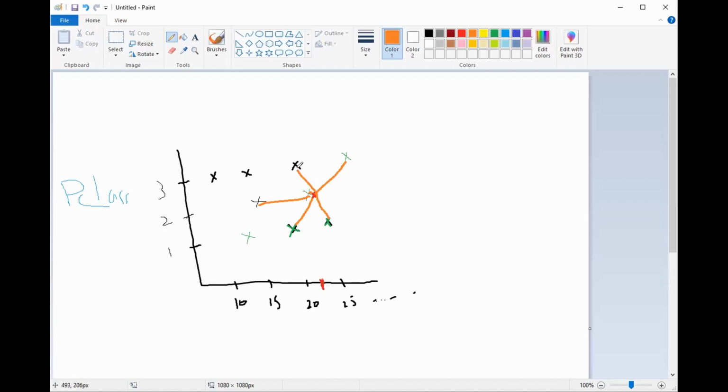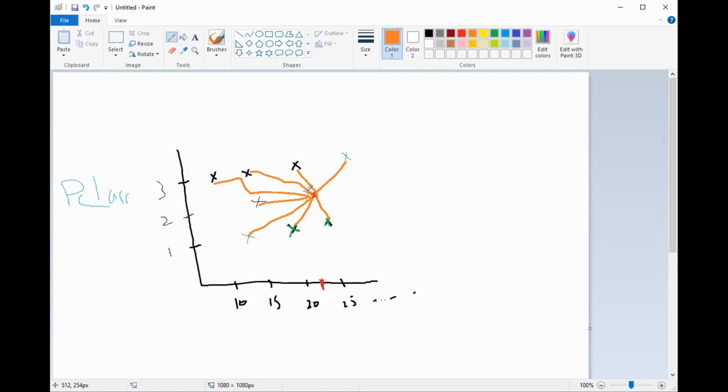It finds the distance to every data point that's there. Sorry, that line should be straight, and they find the distance. And then when it finds the distance to every data point, what it does is that it actually finds the closest point. And in this case, the closest point is right here, which is this green point.